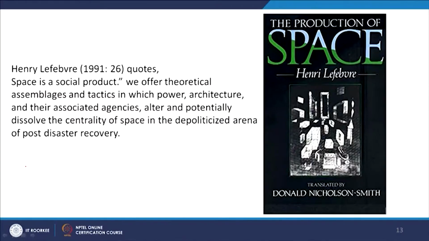So when we talk about the theoretical understanding of place and space, one of the important things one has to look at is Henri Lefebvre's work, The Production of Space. He says space is a social product, and it offers theoretical assemblages and tactics in which power, architecture, and their associated agencies alter and potentially dissolve the centrality of space in the depoliticized arena of post-disaster recovery.